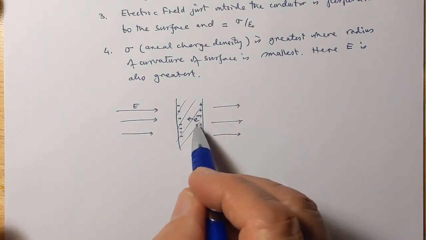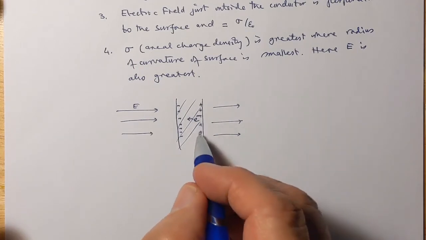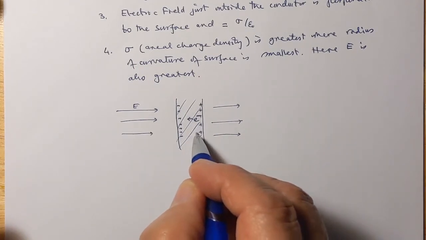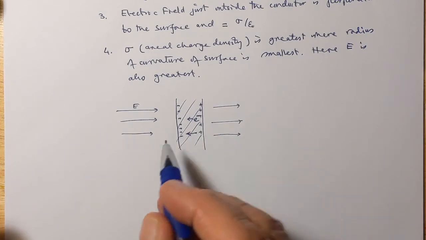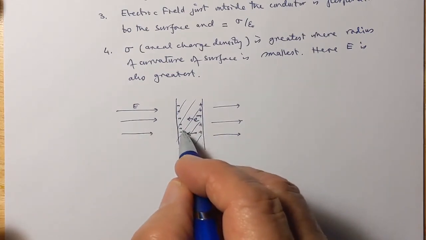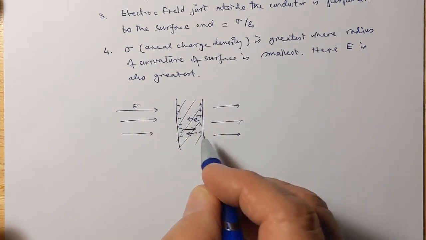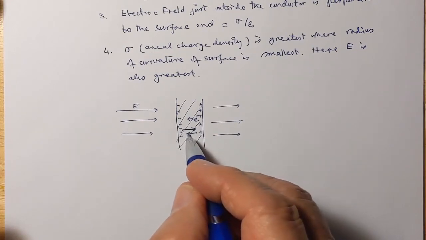So electrons collect on the left side, so this becomes negative, this becomes positive, and because of this charge there will be an internal electric field from positive to negative. Now there's an electric field due to the external field, which is to the right, and a field inside due to these charges to the left.